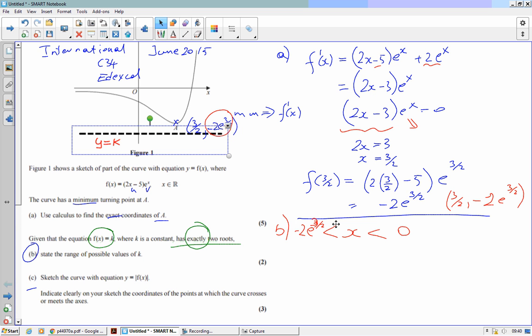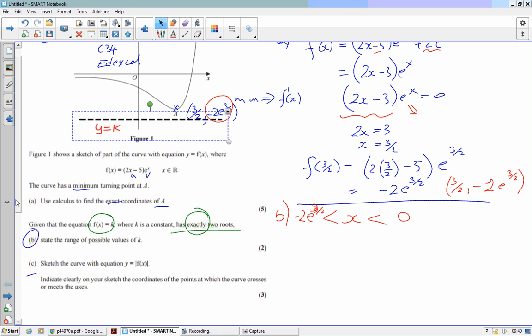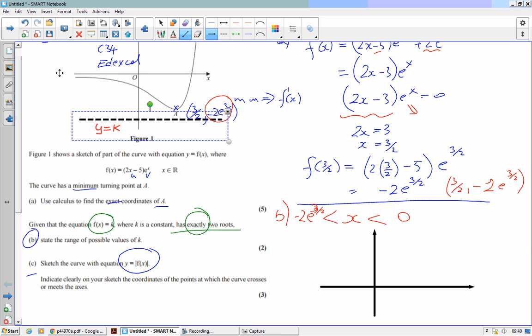Right, now that's part B. Part C was just a standard thing. It has asked for the graph of y equals mod f(x). And basically, for that graph, I'll put the axes up now. This part of the graph is obviously not changed by the modulus sign, so that's still doing that.